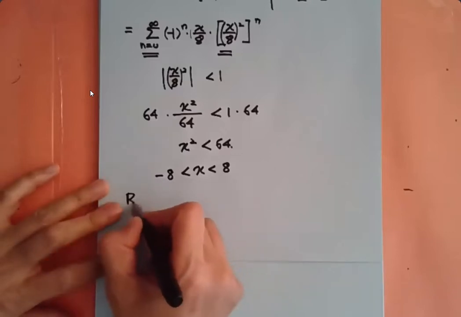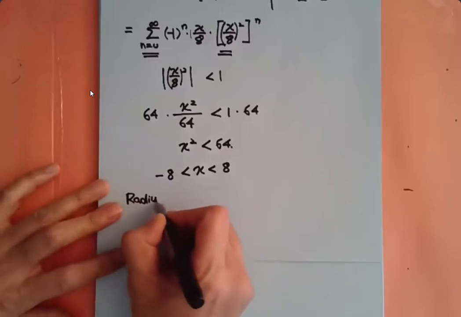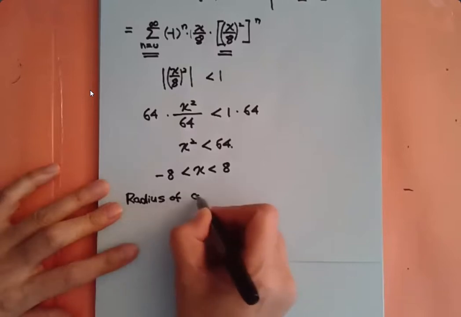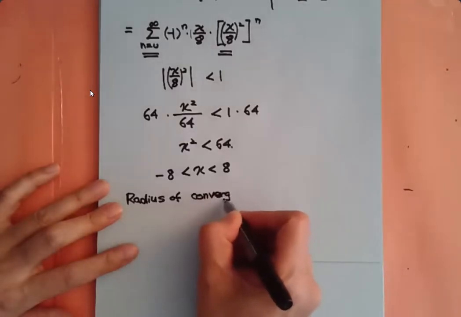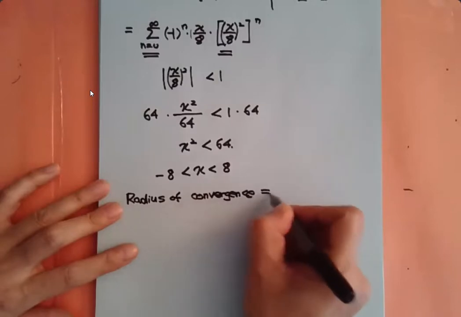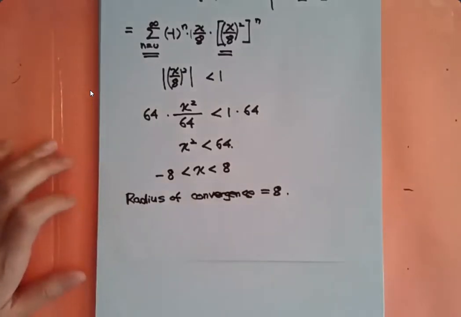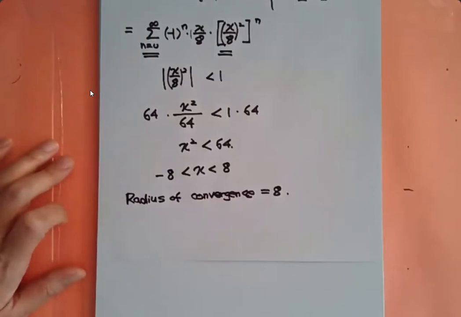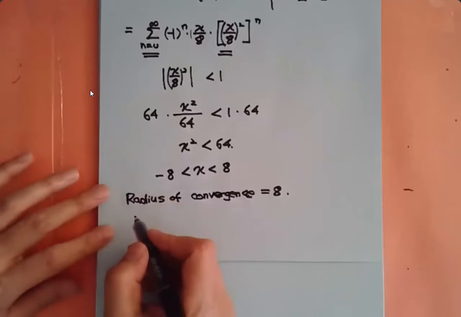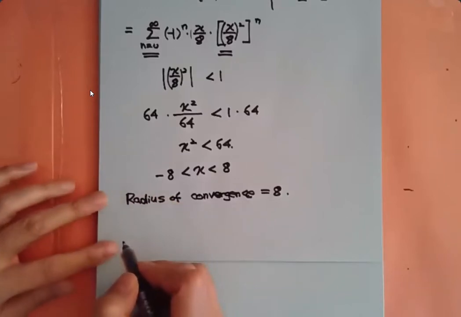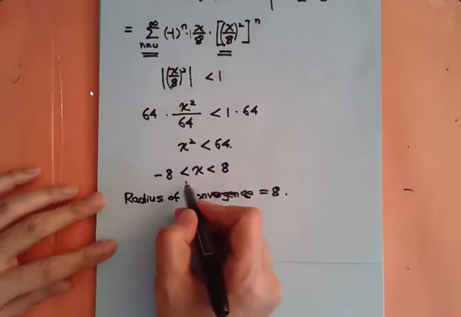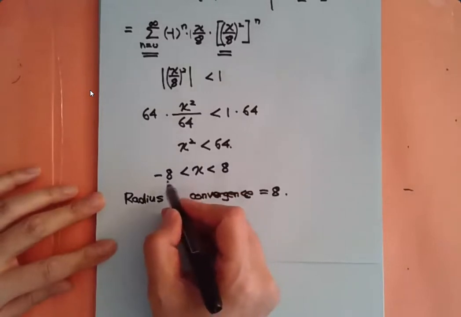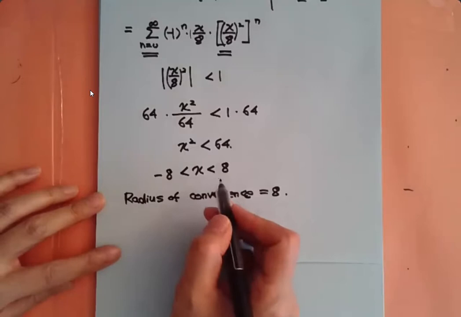So the radius of convergence is 8. And we have to think about whether the series converges at the boundary.